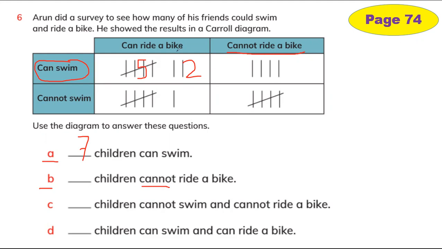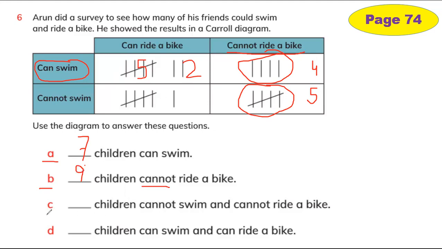Okay, here we go. So how many children cannot ride a bike? So you have to look for how many children cannot ride a bike. 4 and 5, 9. So 9 kids cannot ride a bike.